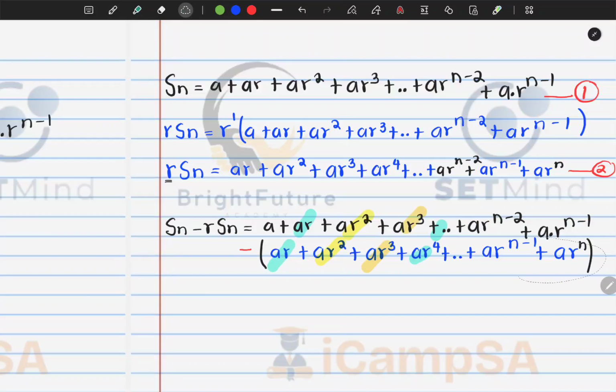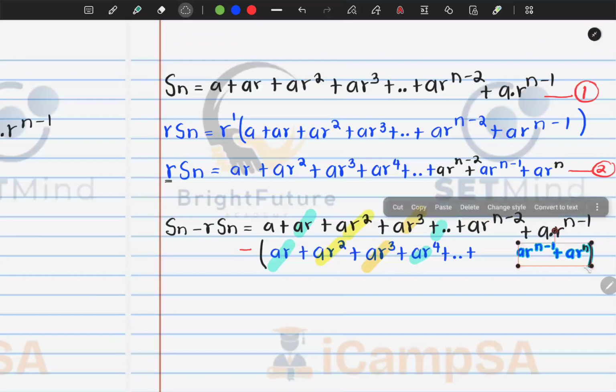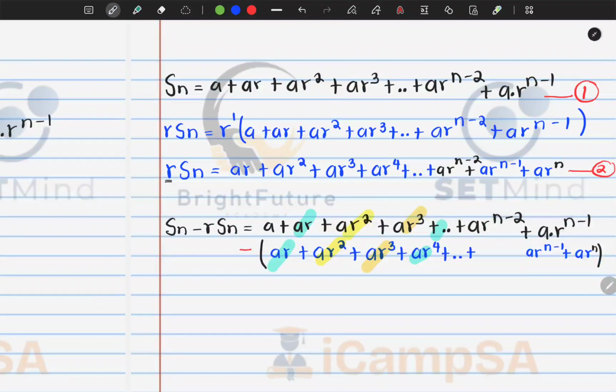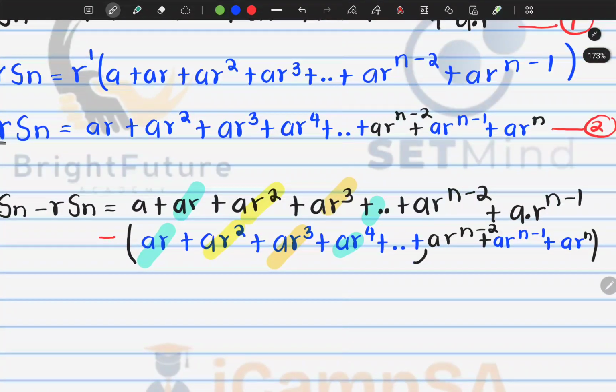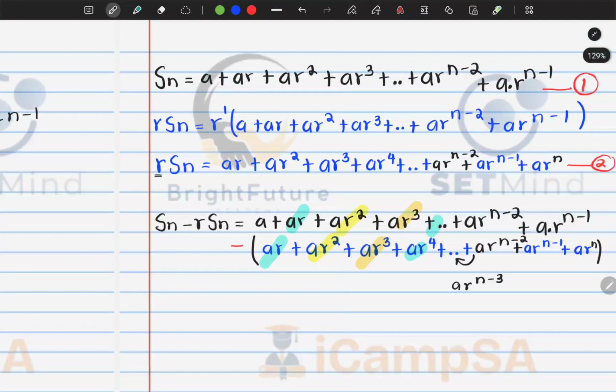So let's just quickly add it to our expression. So that is the term just before the other one. Remember, a term that is before is just less by 1 on the exponent. So we have AR^(n-2) plus. If I want a term that is before this one, it would be AR^(n-3). I hope that makes sense.